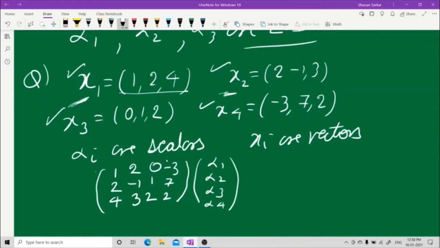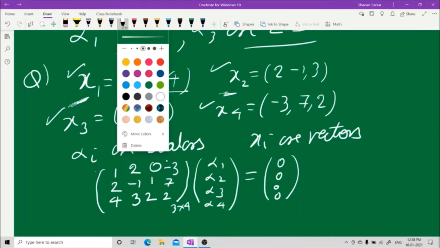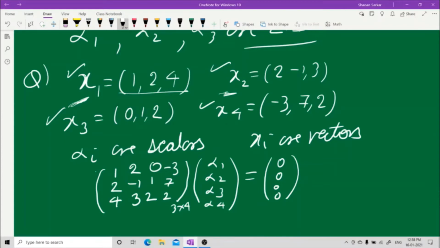And this comes out to be 0, 0, 0 because this is a 3 cross 4 matrix. Let me rewrite it.